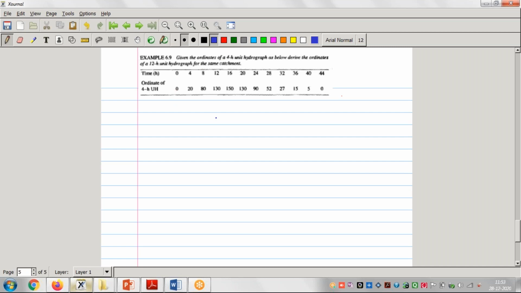Okay, doctor, when I want to draw the first graph, that means I will directly take the data from the table and start the first graph. Yes, correct.